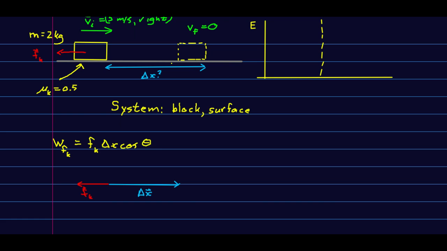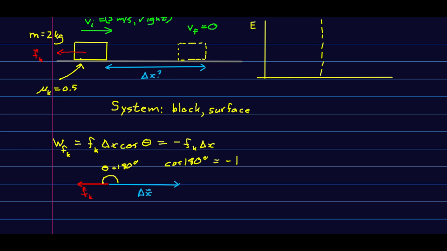And so the angle theta between those two forces is 180 degrees. And you may or may not know that the cosine of 180 degrees is -1. And so this work done by the friction is just negative the friction force magnitude times the magnitude of the displacement. That's it.